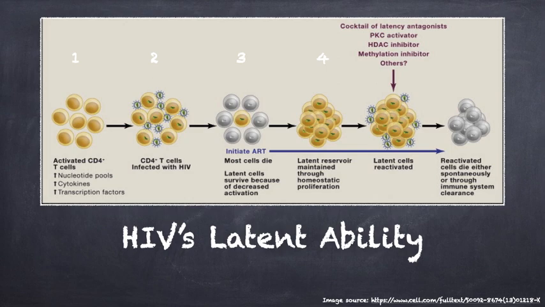So all the gray cells right here are dead HIV infected cells, but then you'll have this one that stays behind. That's the latent ability. And then from that one, you'll go to number four, which is now we got a whole bunch of them, right? And that's why it's so hard to get rid of the virus.